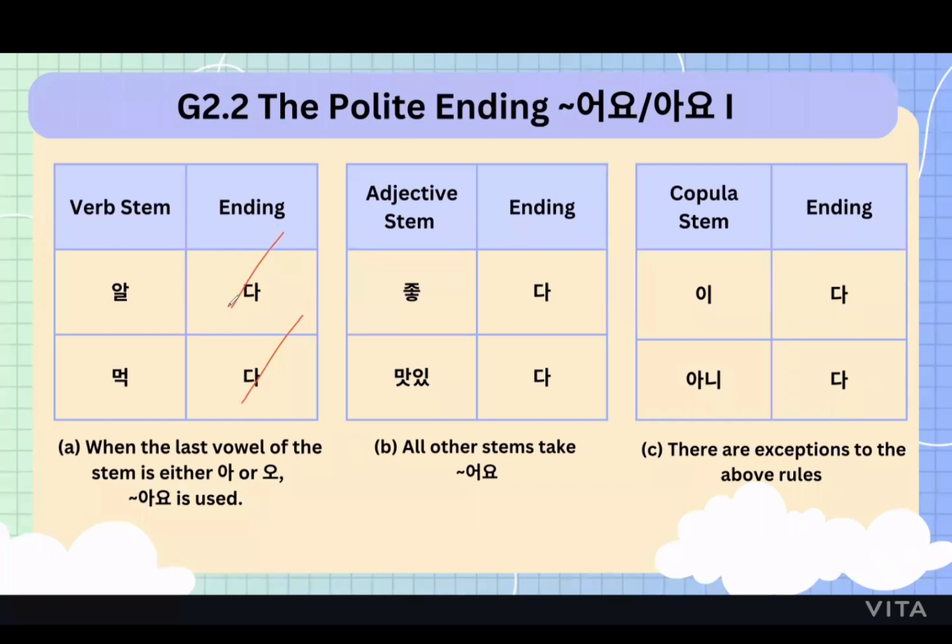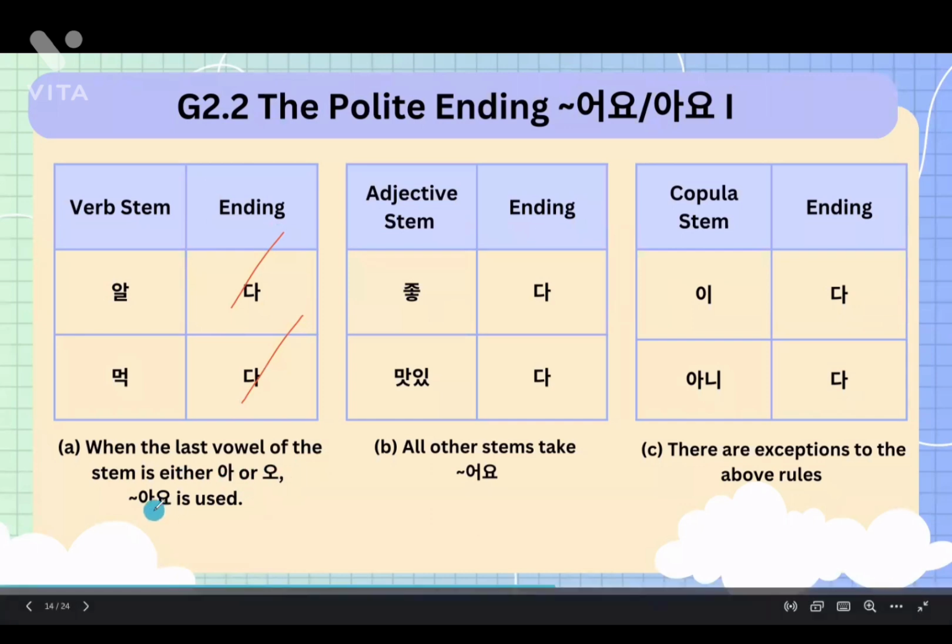Some of my students always ask me, when can we use 어요 or when can we use 아요? Depending on the stem, you should use the proper polite ending form. So look at this. When the last vowel of the stem is either 아 or 오, 아요 is used.